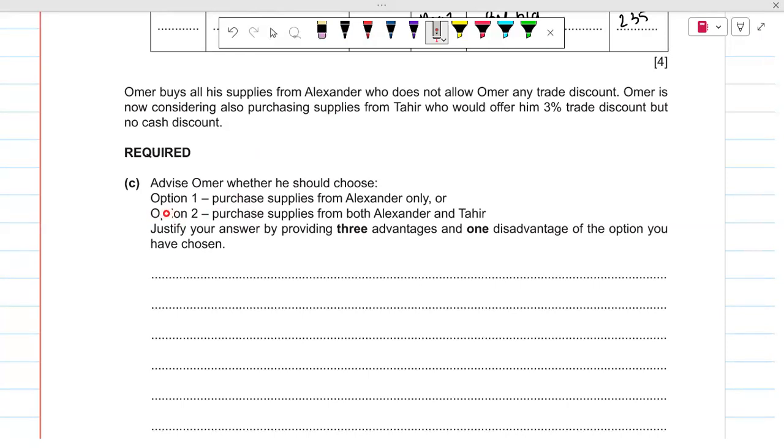Option 1 is to purchase supplies from Alexander only, or option 2 is to purchase supplies from both Alexander and Tahir. If we purchase supplies from Alexander, we will get only cash discount. If we use option 2, we will get the trade discount and also the cash discount from Alexander. Justify your answer by providing three advantages and one disadvantage of the option you have chosen.